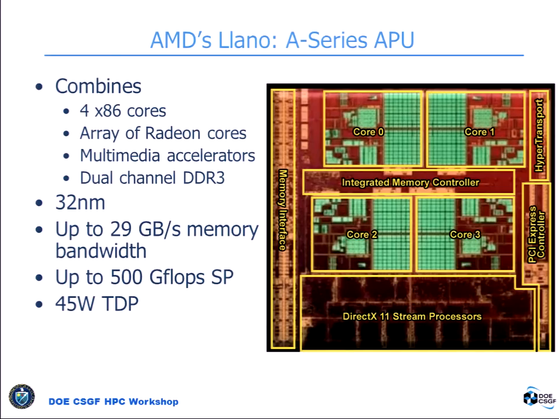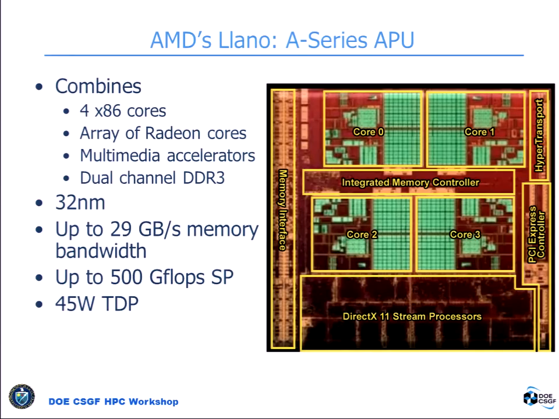If you look at a chip from AMD that was announced last month, in fact, it's exactly what we've been talking about. This is a chip you can buy today. You can buy notebooks with it today that have 4 x86 cores, and then they've taken a bunch of Radeon cores from their graphics line and just put them right on the chip, so it's all on the same chip.